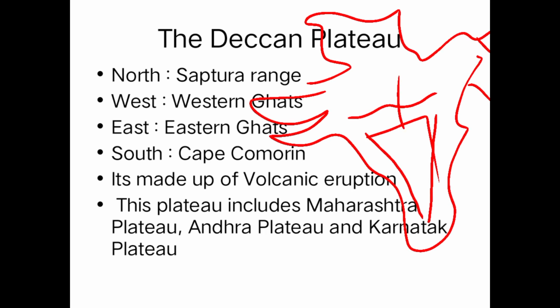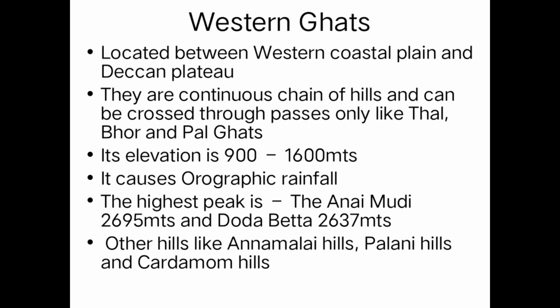North Satpura, the Western Ghats, the Eastern Ghats, and going south down to Cape Comorin. It has been prone to volcanic eruptions from times immemorial. This entire region is made up of igneous rocks and black soil, very suitable for black cotton. It includes Maharashtra, Andhra Pradesh, and the Karnataka plateau.